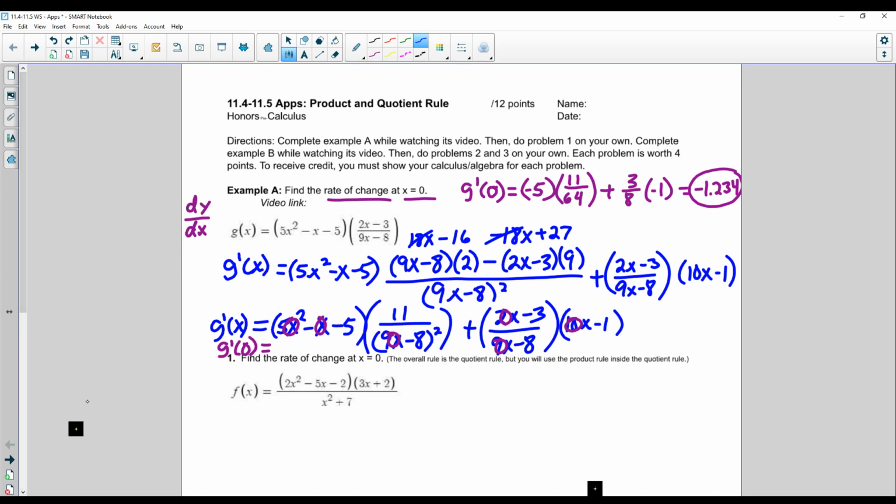You can do that at x equals 0. I think it's number 6, dy over dx, select it, put 0 in for x, bam, it'll kick out negative 1.234. That'll be your rate of change at 0. So you can check these on your calculator.